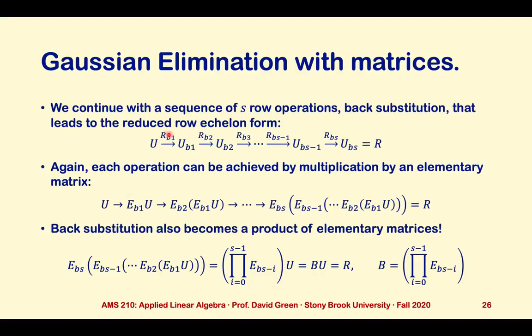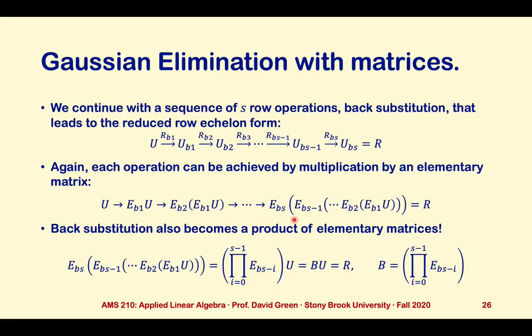So the first row operation can be replaced by multiplying U by EB1. The second row operation can be replaced by multiplying that first product by EB2, and so on.